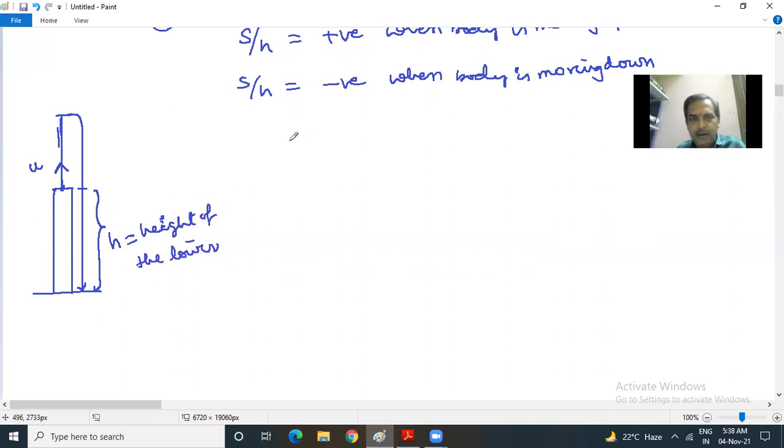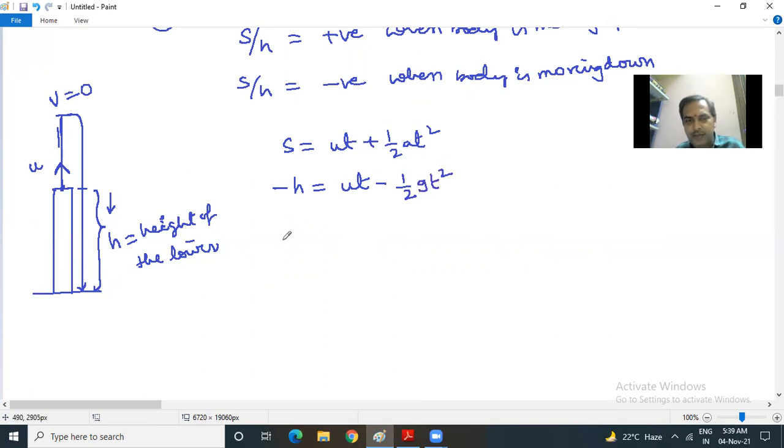Now let me write s is equal to ut plus half at square. Now what is s? s is the height of the tower or displacement, and because it is downward, displacement will be negative. So therefore it is going to be minus h. You have provided u in the upward direction, so it will be positive, only ut. Since it is moving under gravity, a is permanently negative, so a is equal to minus g, with the t square.